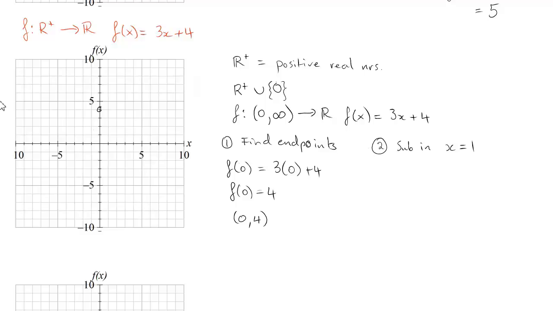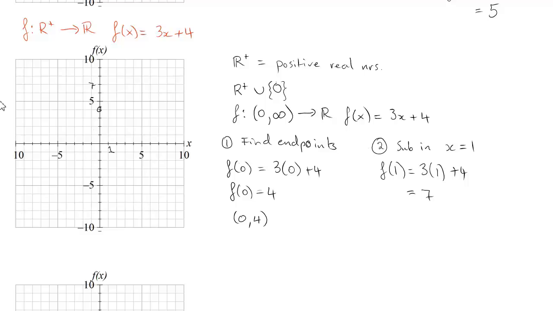Okay, so when we substitute in x equals 1, we go f of 1 equals 3 times 1 plus 4. And that's 7. So I know now that when x is 1, which is right down here somewhere, the corresponding y value is 7.